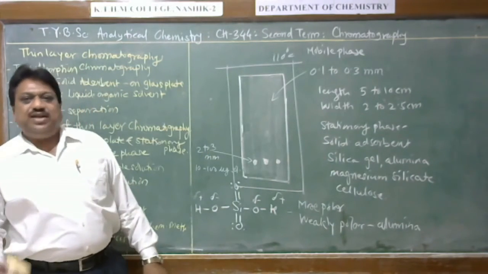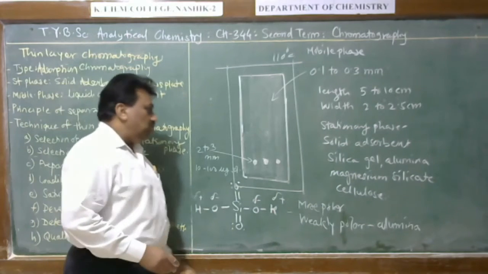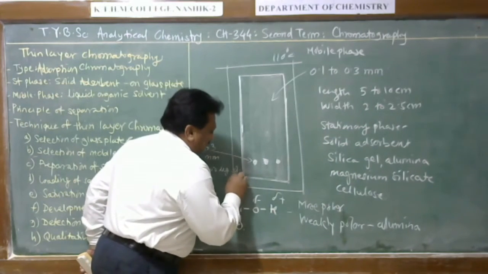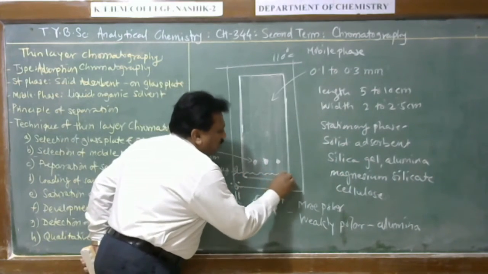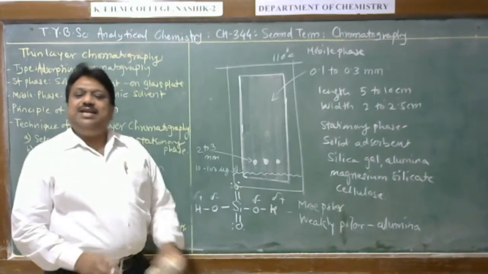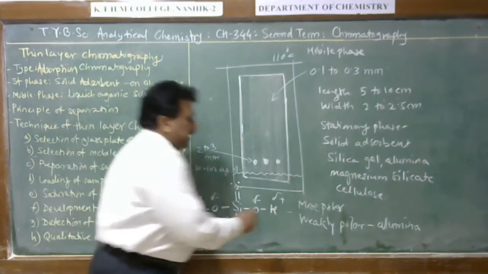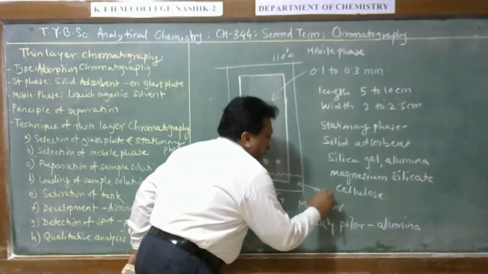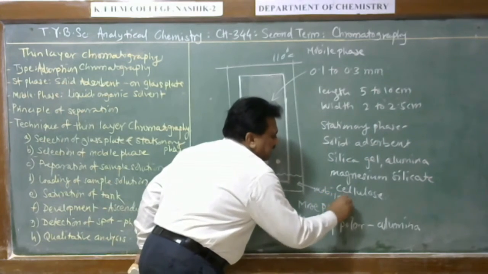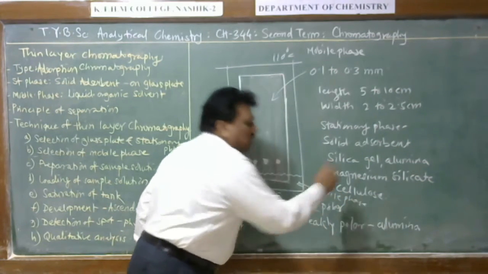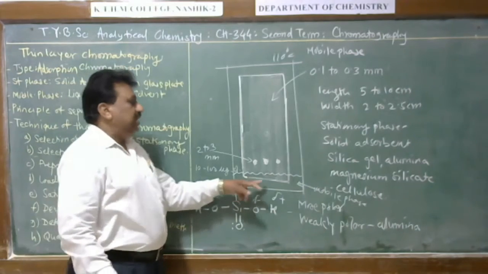Once we saturate the tank, after that we have to develop this chromoplate. For development we have to place this chromoplate into this jar containing the mobile phase. This mobile phase means it is an organic solvent or a mixture of organic solvents.